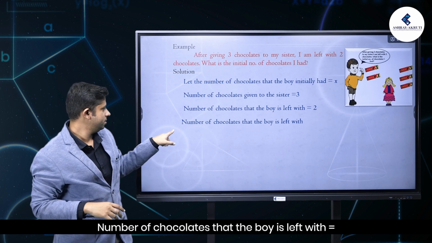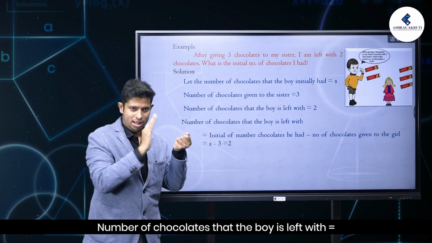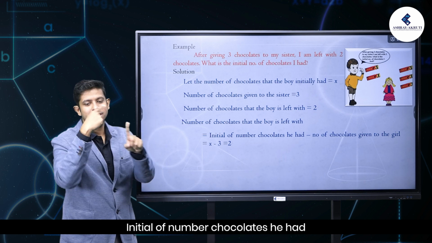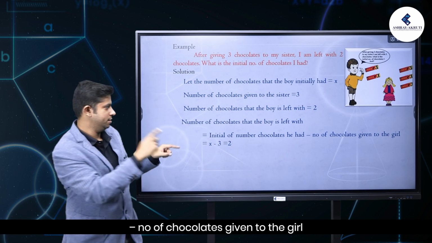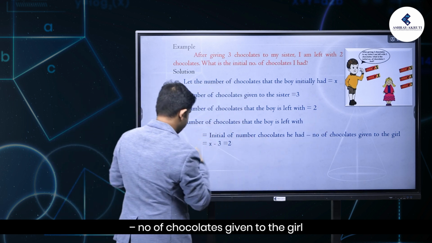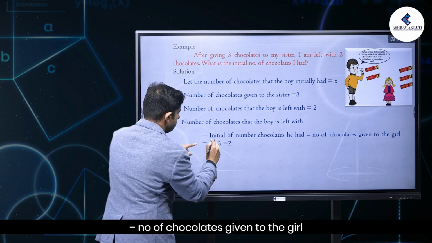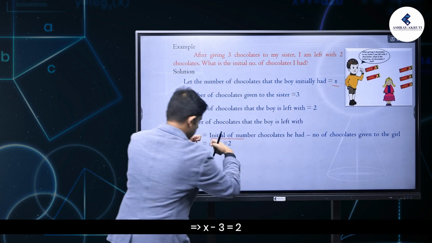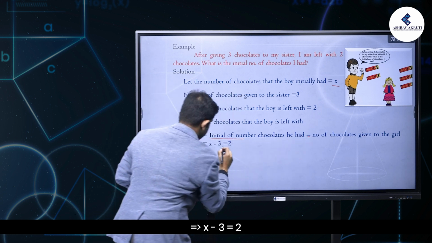Number of chocolates that the boy is left with is equal to the initial number of chocolates he had minus the number of chocolates given to the girl, which is x minus 3, is equal to 2.